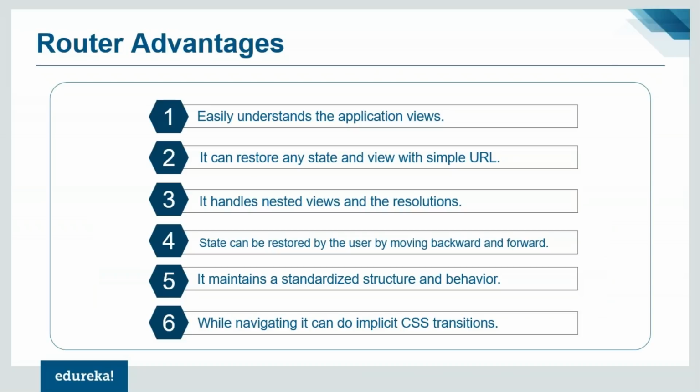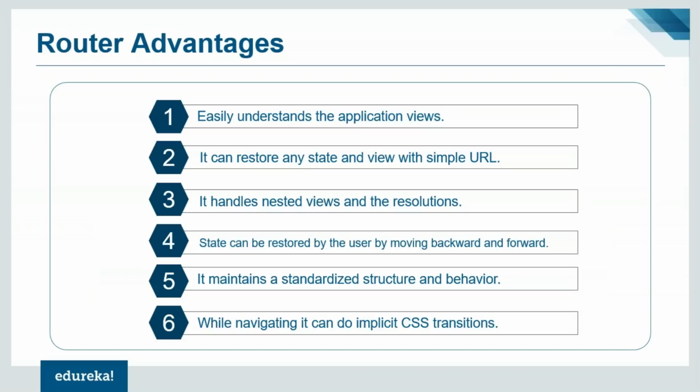Then it maintains a standardized structure and behavior, because as I mentioned, using the routing library we are creating single page applications. And finally, the advantage of a router is that while navigating it can do implicit CSS transitions, which means that the CSS remains seamless across your complete application, whether there are multiple web pages or a single web page.